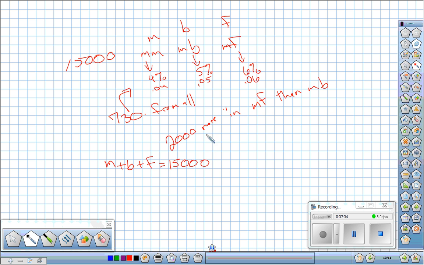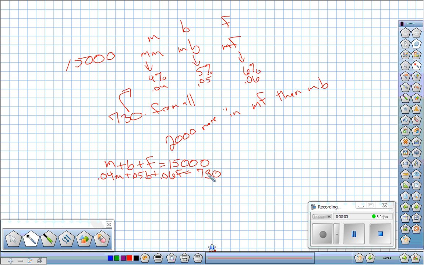Okay, but I can't just say 0.04 plus 0.05 plus 0.06 equals 730, because it doesn't. But the amount when I multiply it by my variables gives me 730. So I have 0.04M plus 0.05B plus 0.06F. And that amount equaled $730.